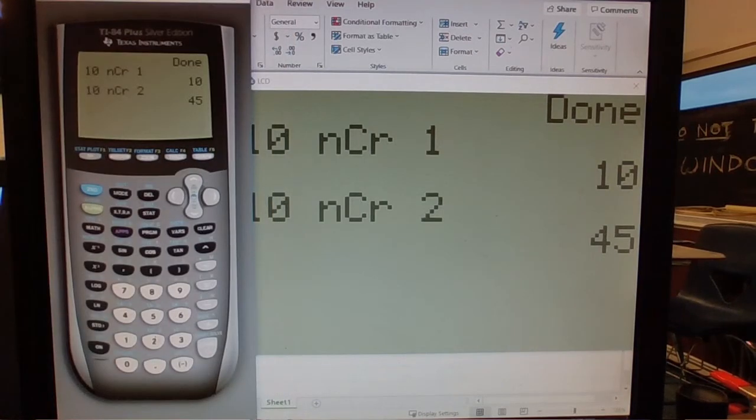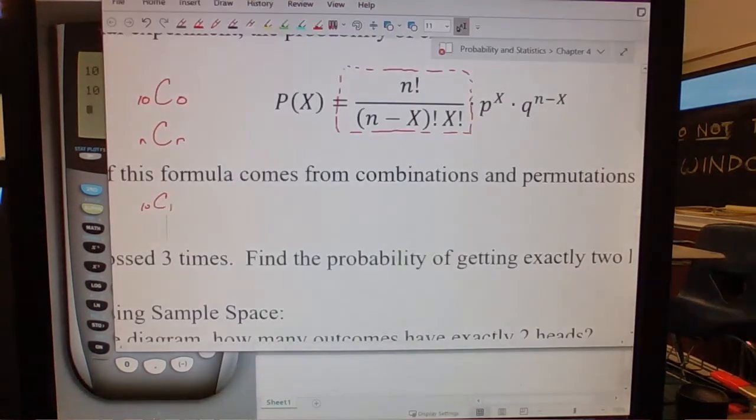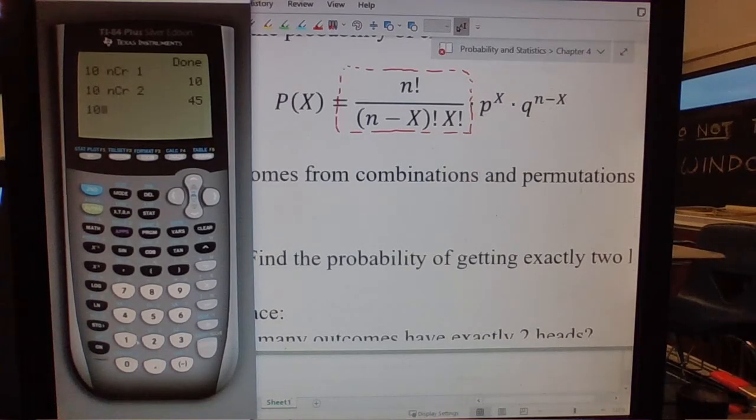Now, if we neglect the nCr function the calculator allows here, we would actually have to take our x factorial. Let's go back to our formula. Sorry, n factorial over n minus x factorial divided by x factorial. So n is the number of trials, so we're going to go 10, and then it would be times 9, times 8, times 7, times 6. Now, I don't want to type that in. There is actually another probability column again.